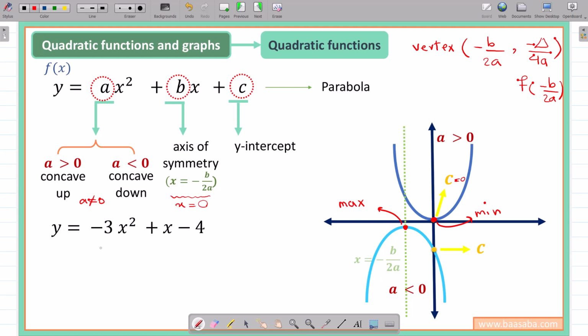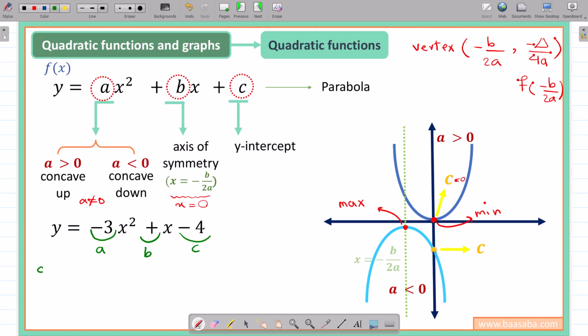Okay. Here, first of all, we have to figure out if it is a quadratic function. We have x², so it is a quadratic function. First of all, let's identify a, b, and c. The coefficient of x² is a, the coefficient of x is b, and the constant term is c.